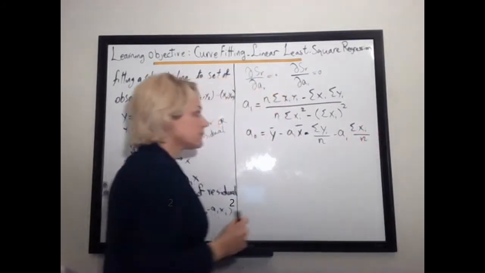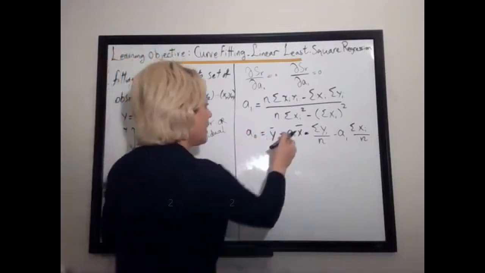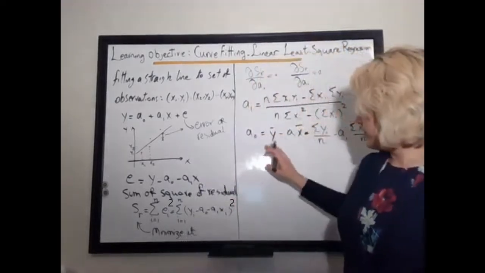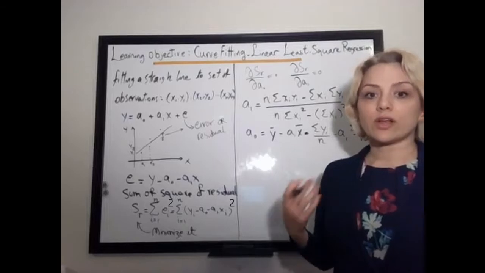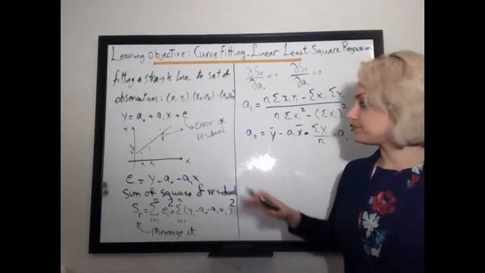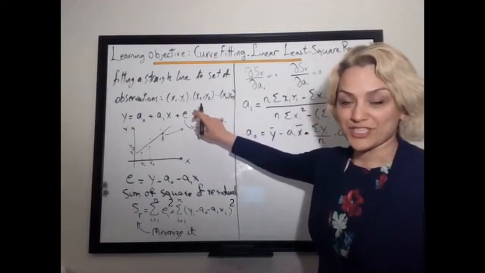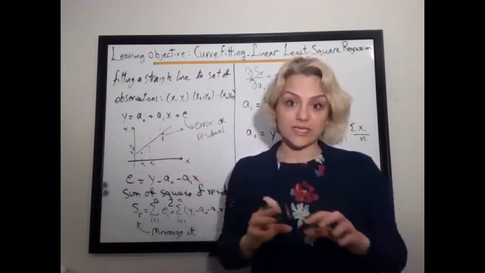A1 is from here, right? So with this equation, I can find out a1 and a0. Then I will put a1 and a0 in this equation, and we are going to find the best equation or best line for fitting to this data.